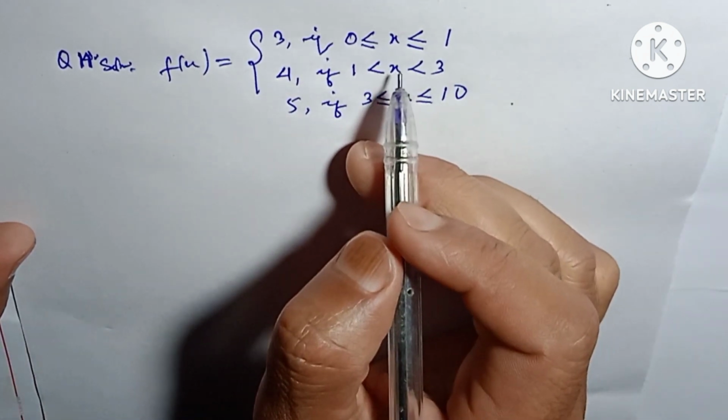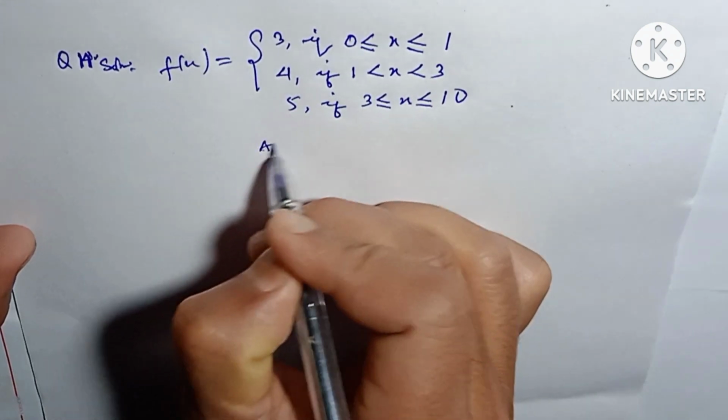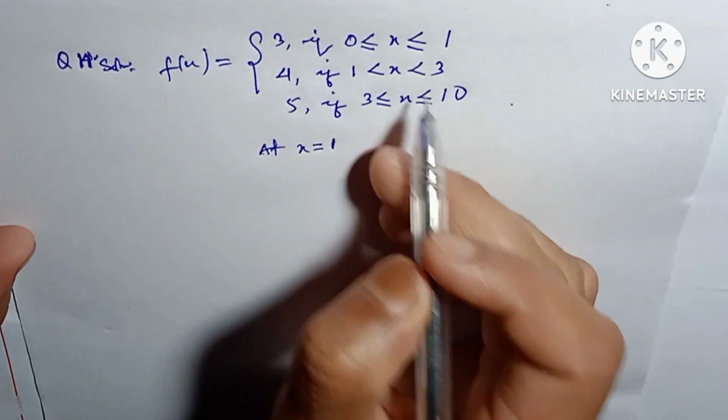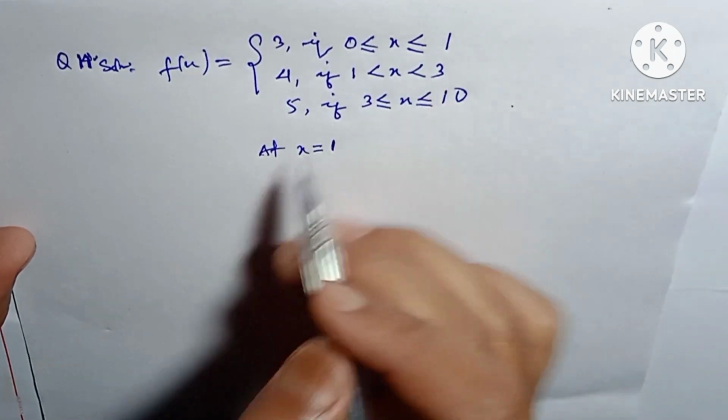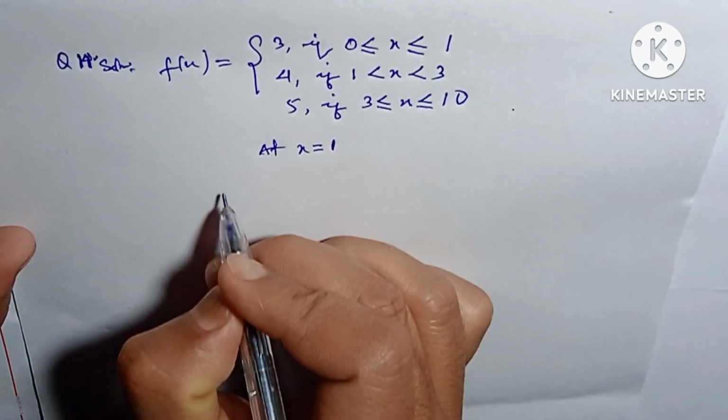Let us check continuity at two different values, that is at x equal to 1 and another one at x equal to 3. Let us first check at x equal to 1.